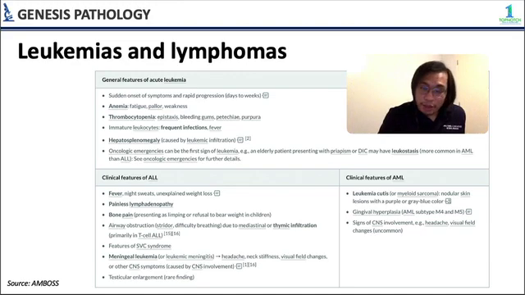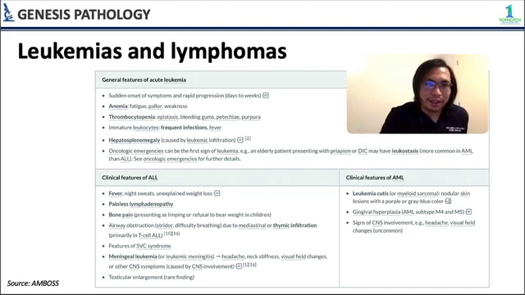The first presentation is pallor, anemia, weakness. It can also present with thrombocytopenia. You have many leukocytes but they are immature and do not function well, so you will have frequent infections. Hepatosplenomegaly, because you will have leukemic infiltration.